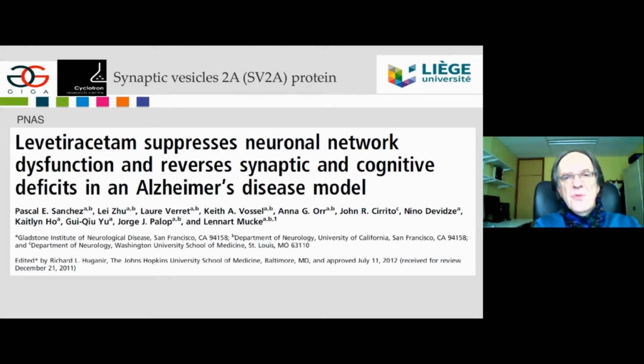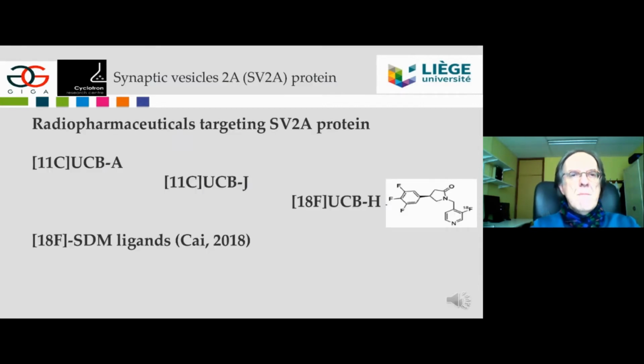And so because that has been shown in animals, it was extremely important for us to try to get that kind of biomarker for our human research as well. In fact, there are now different kinds of radiopharmaceuticals targeting SV2A proteins.